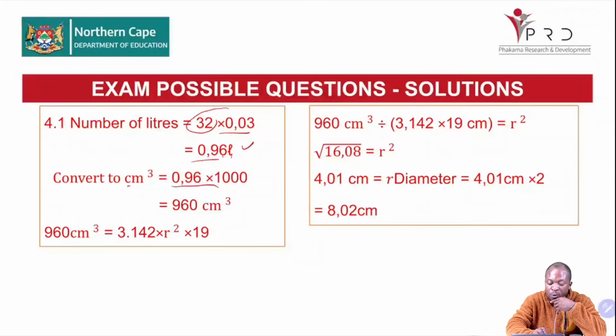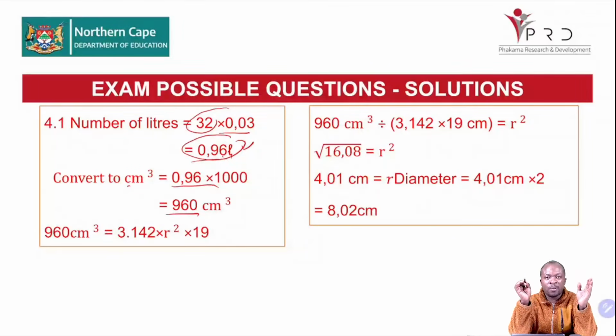So then we are going to multiply the 0.96 by 1,000. So it means that 0.96 liters is the same as 960. So now we have got the volume of the bottle. The volume of our bottle is 960 centimeters cubed. We are going to substitute into the formula so that we can find what we don't know.